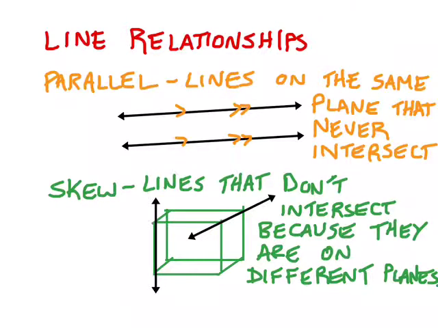The line on the right here occupies this general plane, whereas the line on the left, we might say occupies, I don't know, this plane over here. So because they don't share a plane, they're never going to intersect one another. So generally speaking, skew lines are lines that don't intersect because they are on different planes. Parallel lines are on the same plane and they still never intersect, and that's really the difference between the two.